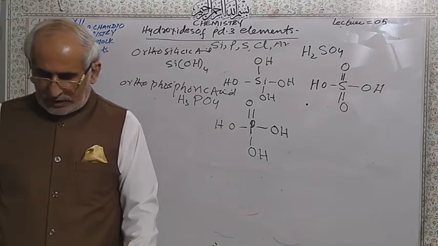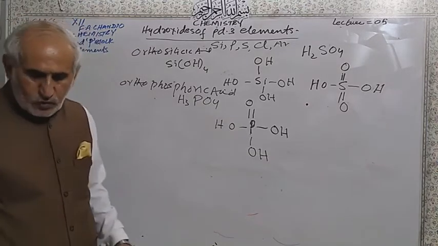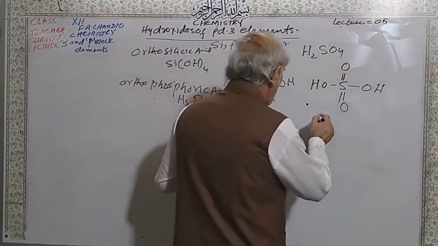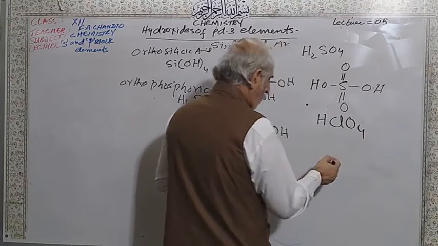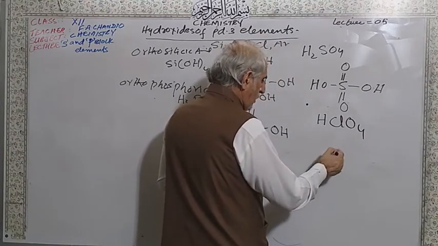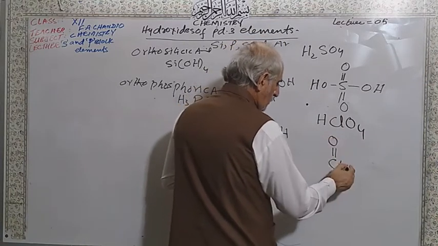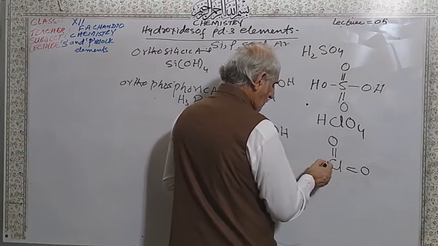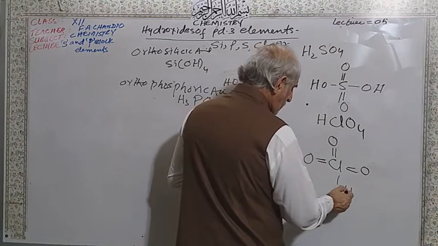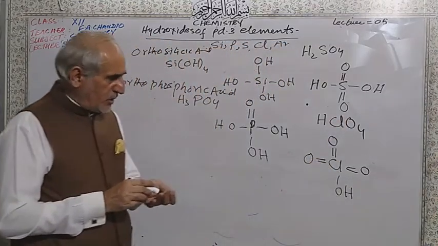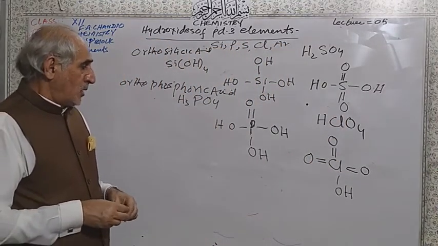So 2 oxygen atoms are surrounding and 2 hydroxyl. The formula is H2SO4. This is sulfuric acid. These are acids containing hydroxyl groups, with elements in the highest oxidation states of 4, 5, 6 and 7.